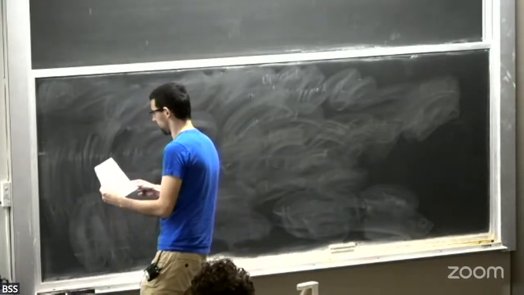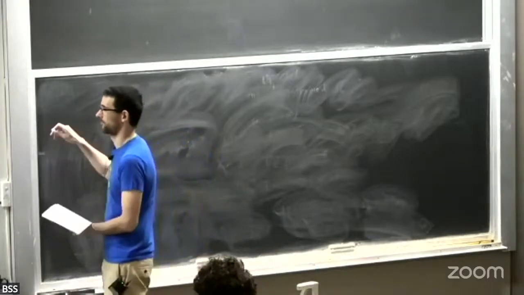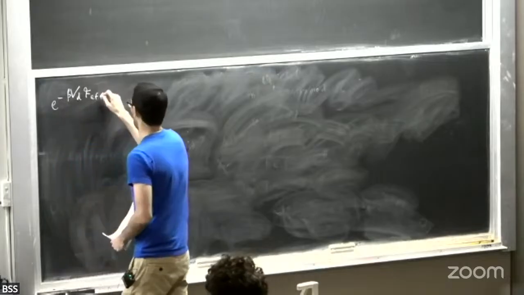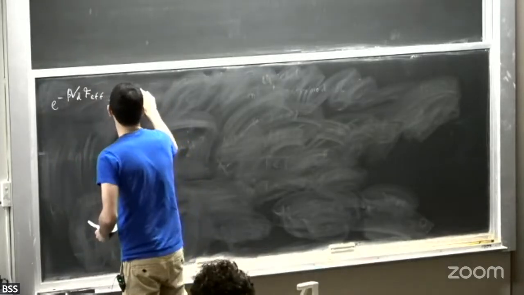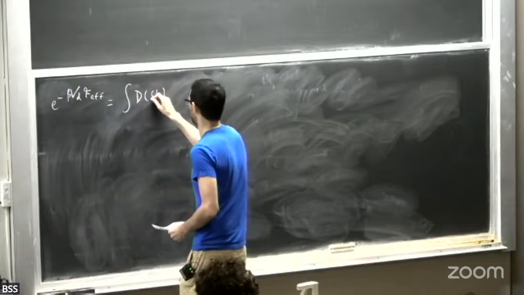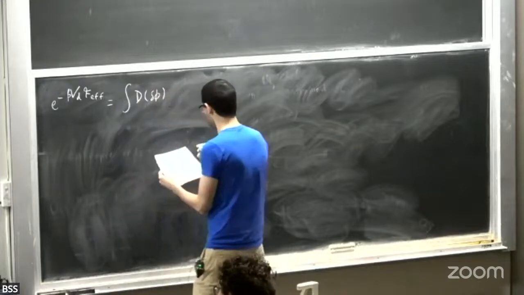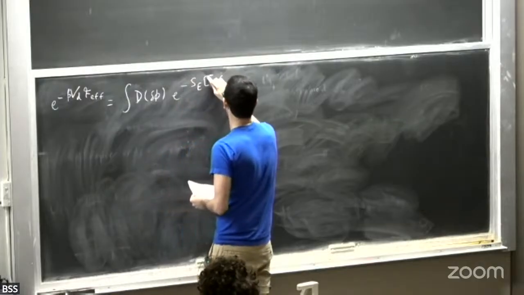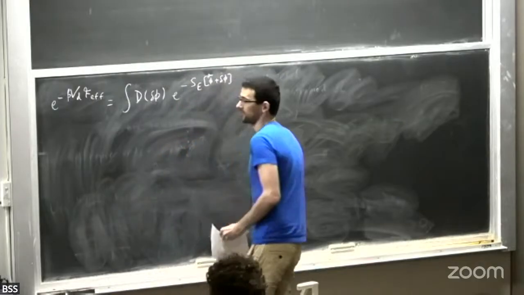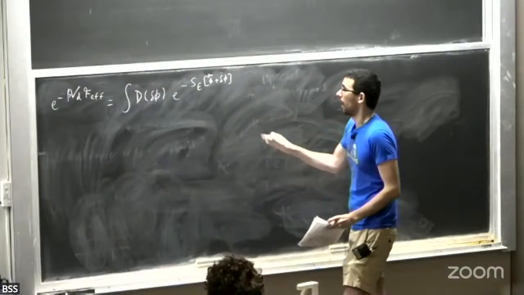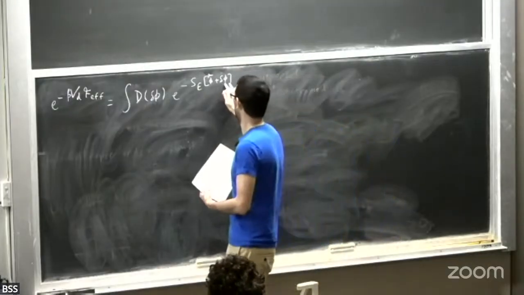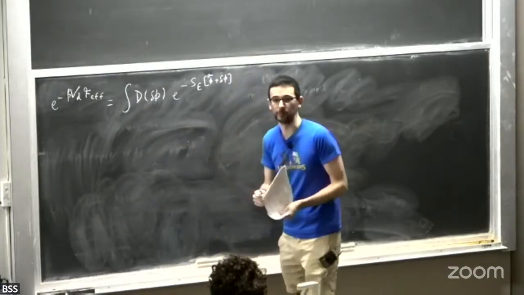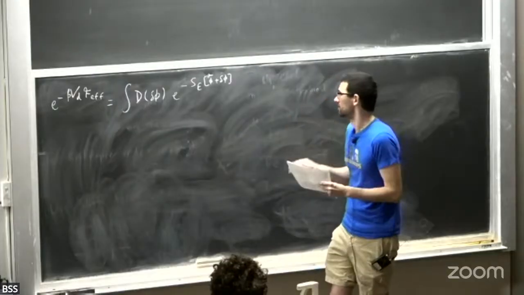So what's commonly done, we're trying to evaluate this thing, this integral over the fluctuations of e to the minus S of phi bar plus delta phi. And now, to Leo's point, a priori, this path integral includes instanton-like configurations that kick you from one local minimum to another, but we're lazy.